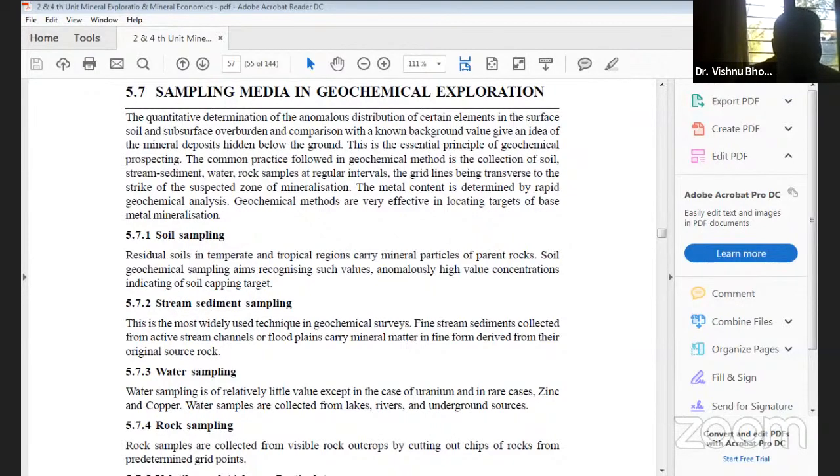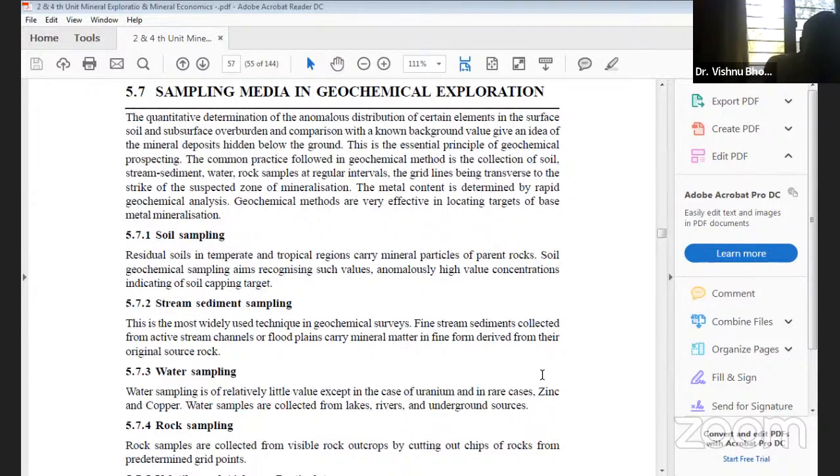Stream sediment sampling is the most widely used technique in geochemical surveys, and we collect the very fine stream sediments from the field. Those stream sediment samples from active stream channels or floodplains carry very fine mineral matter delivered from the original source rock.